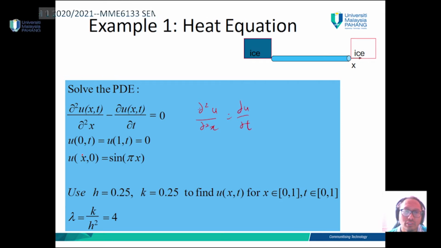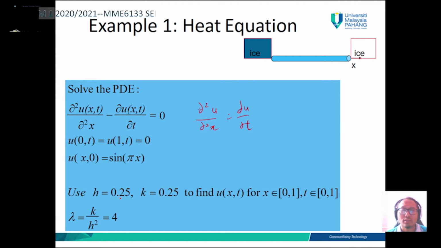We are given the initial conditions where u at location 0 and time t is equal to u at location 1 and time t, which is equal to 0, and u(x, 0) is given by sine pi x.